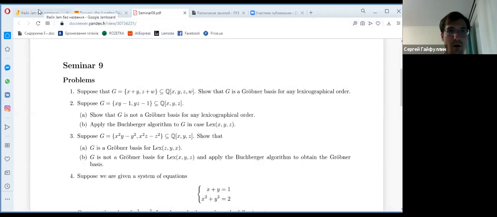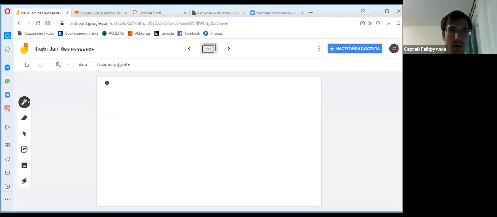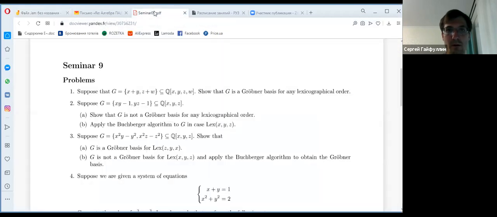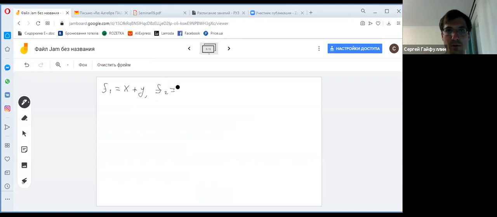So, okay, we have two polynomials, f1 equals x plus y, and f2 is equal to z plus w.